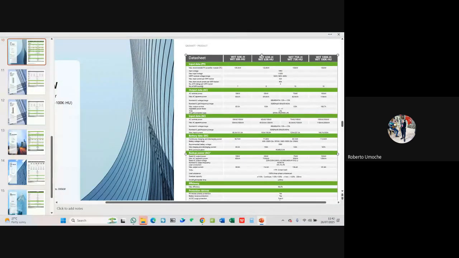Then the number of PV strings per tracker. For the 50 kilowatt system, the number of trackers is 7, and for the 63 kilowatt system, the number of trackers is 8. For the 75 kilowatt system, the number of trackers is 10, and the same for the 100 kilowatt.